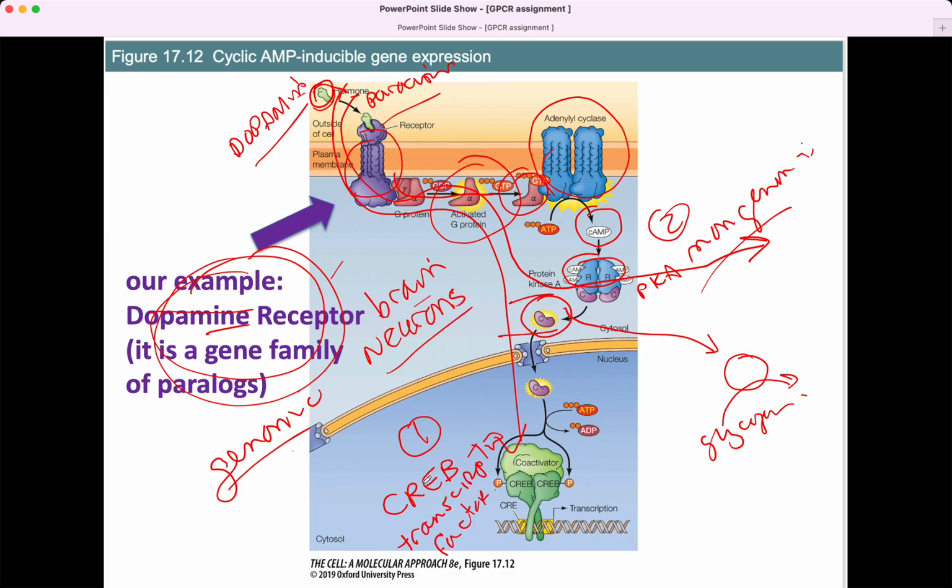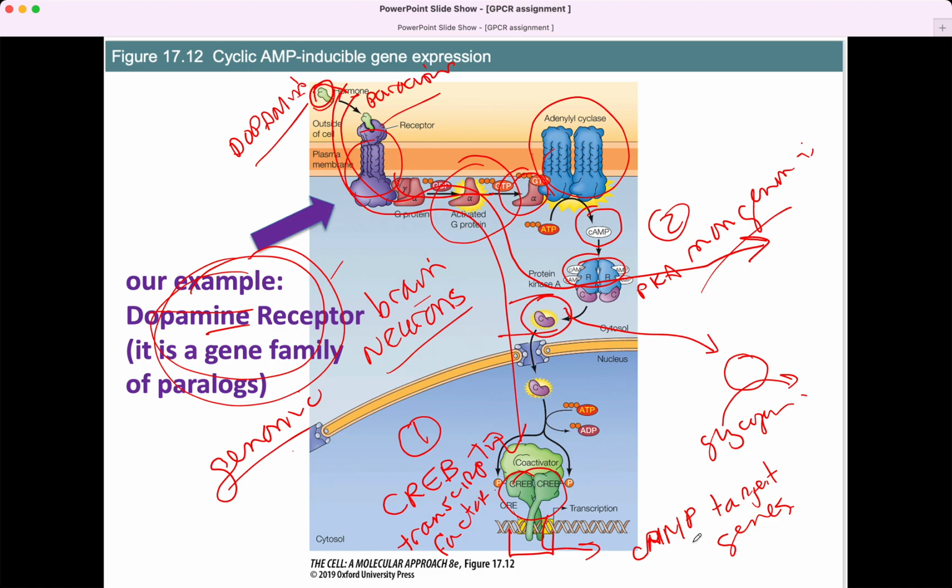And CREB transcription factor is just an example that we can add, and these would be target genes that are activated by CREB. People usually refer to these as cyclic AMP target genes. And they all have an enhancer that binds CREB.